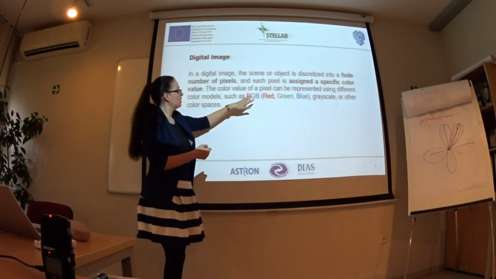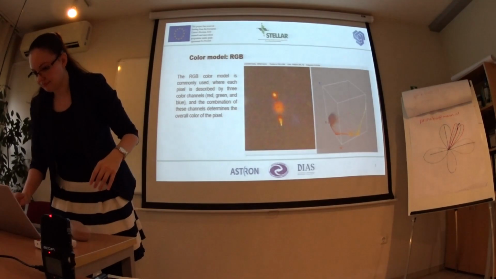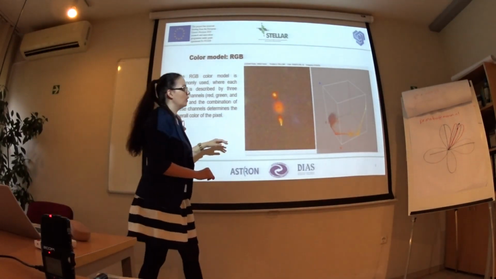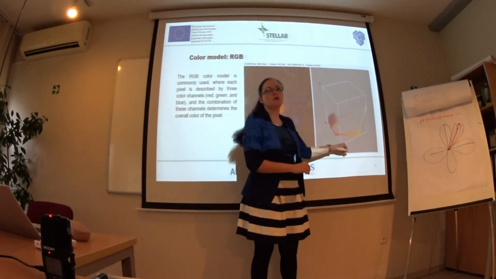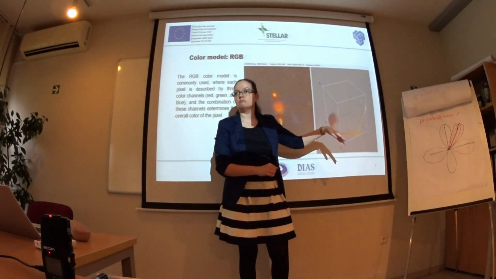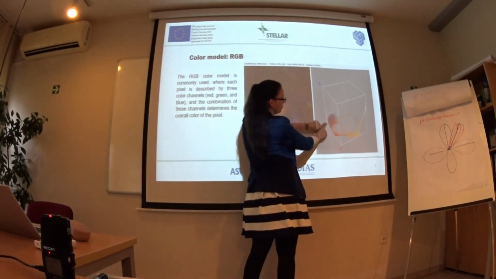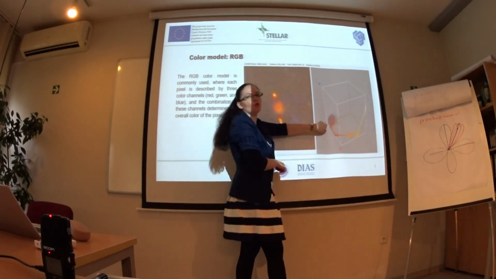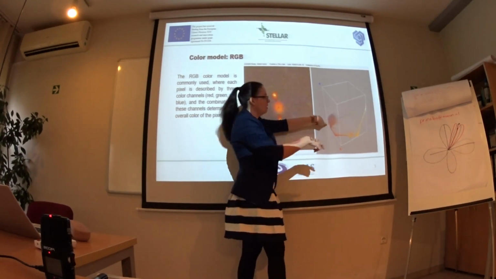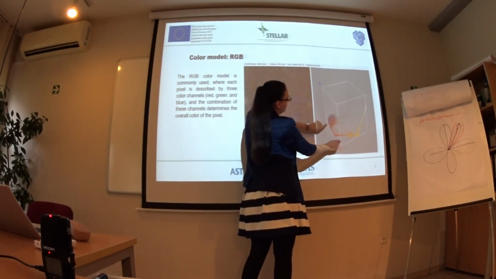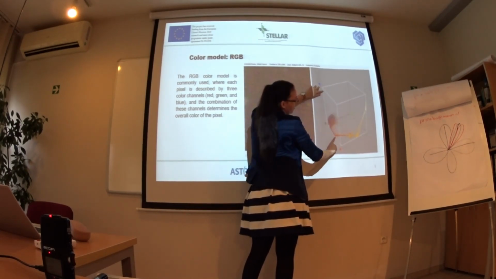And we can take the information about the color. So, for example, if we have the RGB color model, we can represent our colors in a box. This box is the color model of the red, green, and blue. We have the zero, the beginning of our axis. After that, we have our three colors. The first one is red, which means this side of the cube will be the red.